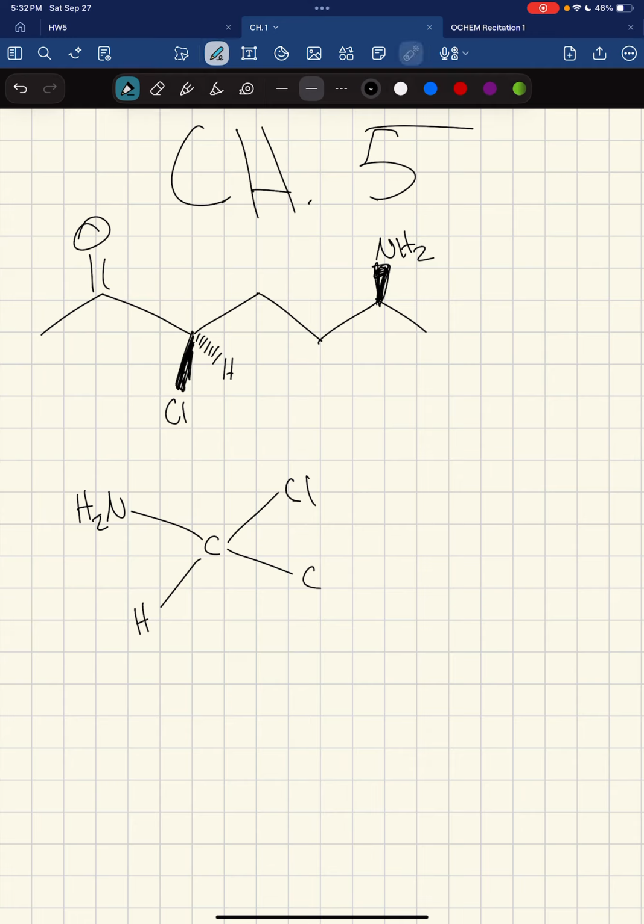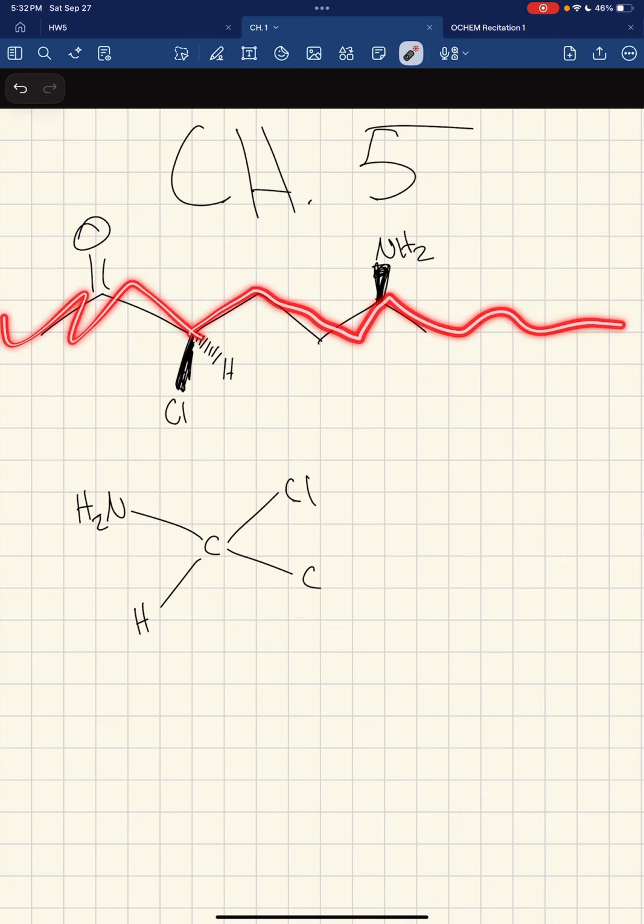So the next thing is making sure that when you say 4 different substituents, that could go out to infinity. This could be the same going forever, and this could be the same. And then at the very end of this chain, there could be an OH at the end of one side, and that would be a difference. So looking at this, these carbons are different immediately.